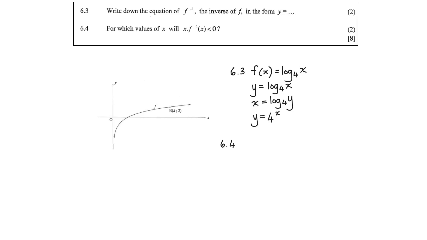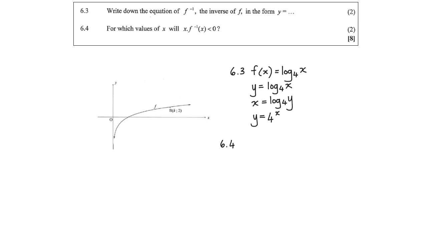This question asks for which values of x will x times f inverse of x be smaller than 0. Remember, smaller than 0 means negative. And if you think back to what you've learned in grade 8, you know that a positive times a negative gives you a negative, and a negative times a positive gives you a negative.